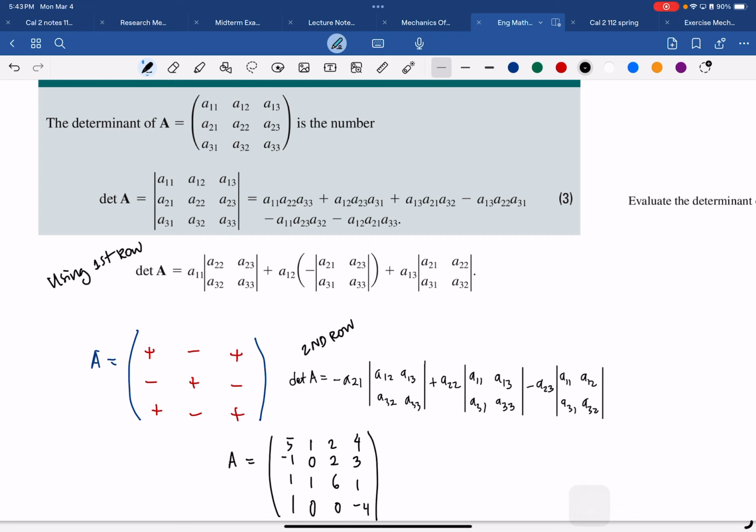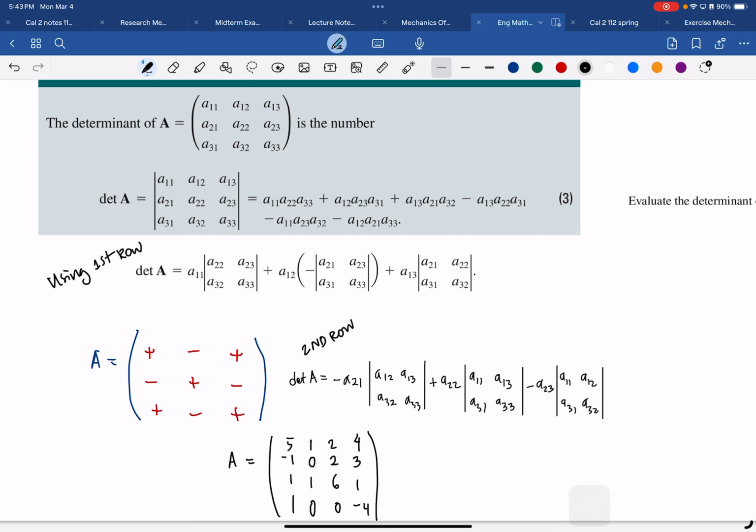We are still using the same pattern: we start from here, positive, negative. And the way we do it is practically the same. For example, we see this is 0, this is 0 and 0. So I think the fourth row has a shorter calculation, so we can use the fourth row.